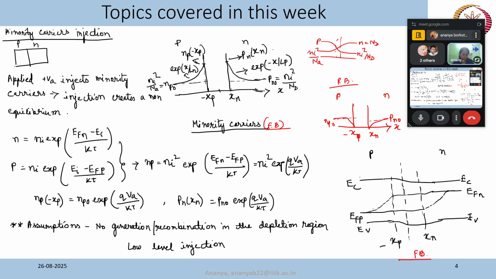Because the minority carriers from the P side are moving towards the N side because of the applied bias, because of the electric field, the concentration goes to 0 in this region. So drift current dominates in the reverse bias condition.